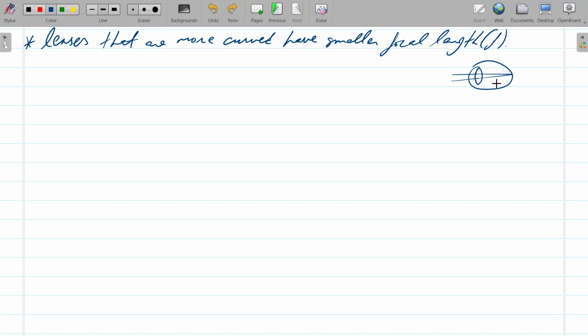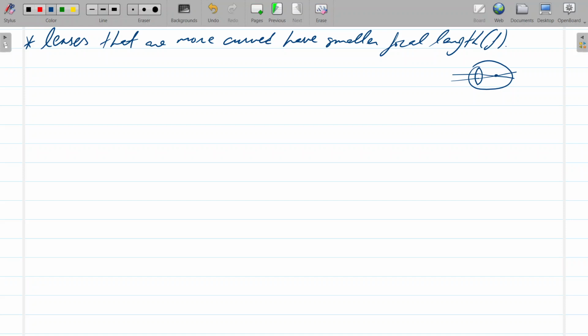But that's not happening. They are focusing in front of the retina, and that's what's happening with short-sightedness. Nearby objects work, but objects that are far away don't. They can't focus properly.